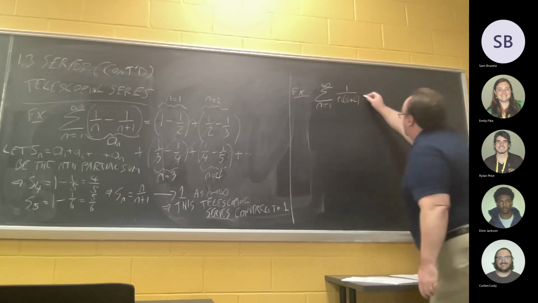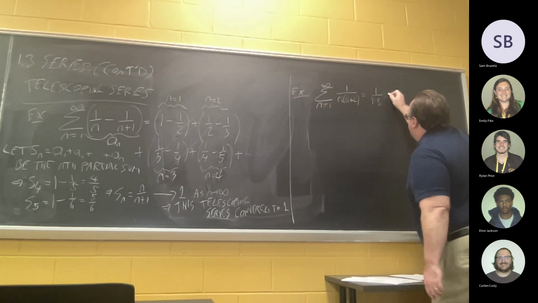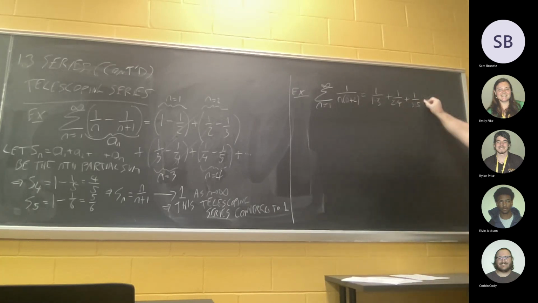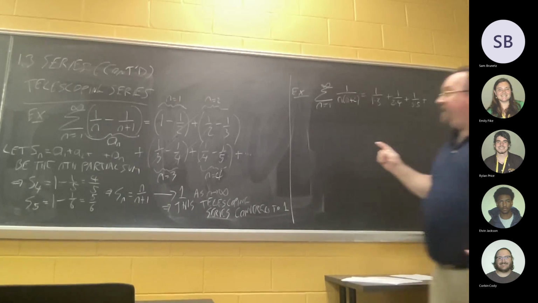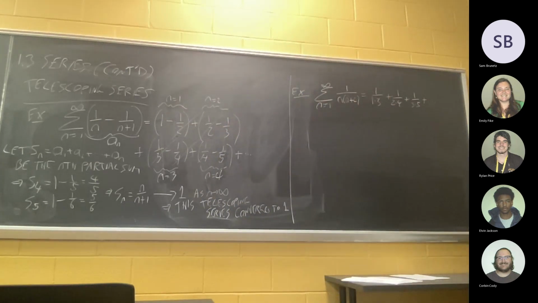If I were to write out the first few terms, we have 1/1 times 3 plus 1/2 times 4, and so on. But there's no clear way to have cancellation between terms because it's not written in the right form for that. We'd like to have it written as something like this, where you can write out terms and cancel things. So what can we do with that to get it into a form like the previous example?